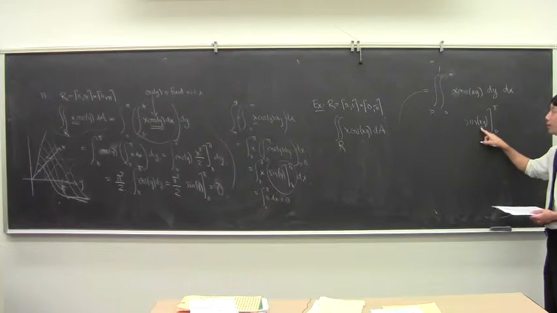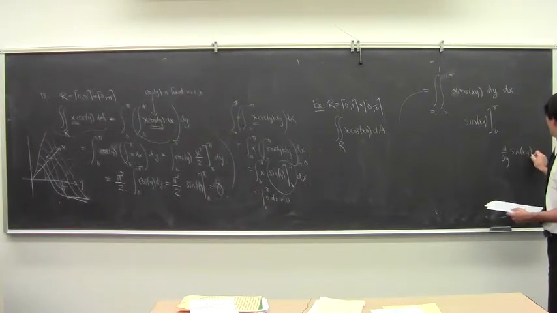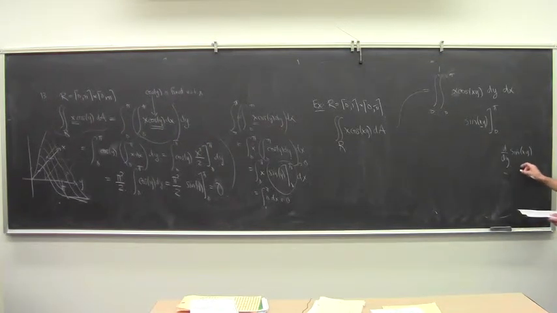So when you differentiate sine ay with respect to y, where a is some constant, the derivative is cosine of ay times the derivative of the interior, which is a, by the chain rule. So it's just recognizing that this is a constant and then using the chain rule.